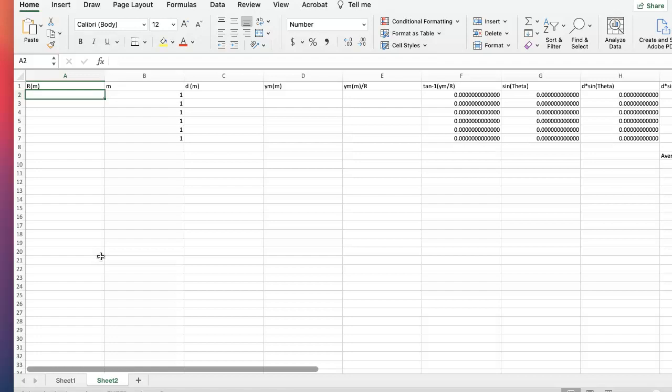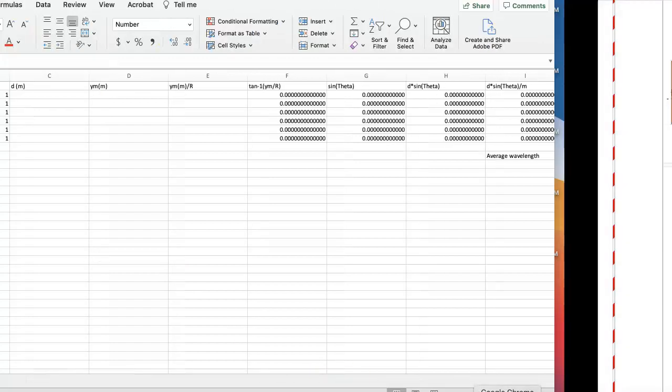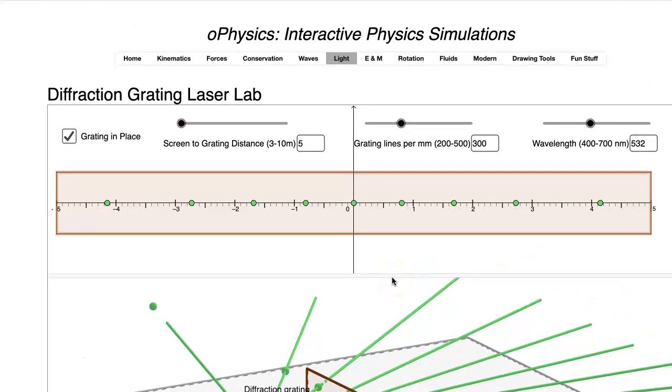Okay, let me show you part 2 and then we're going to come back to the Excel sheet. Study the effect of the grating lines per millimeter, which is really the spacing between the lines. Here I'm going to keep the screen distance and the wavelength constant.